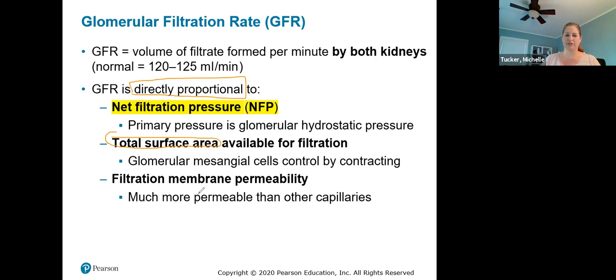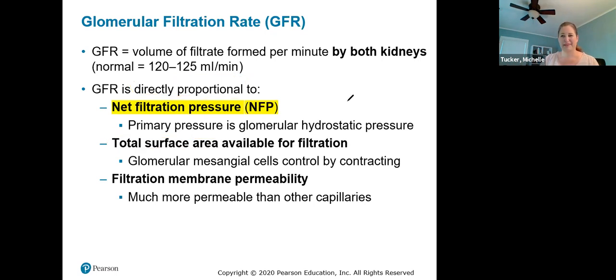So if the filtration membrane gets, like the endothelium or the podocytes get damaged and it becomes too leaky, which happens during renal disease, then we start getting things like proteins, not amino acids, but full proteins getting pushed out. It's like getting grounds in your coffee, which is not good, and indicates that something is wrong with that system. And we're going to talk more about renal disease at the next lecture.